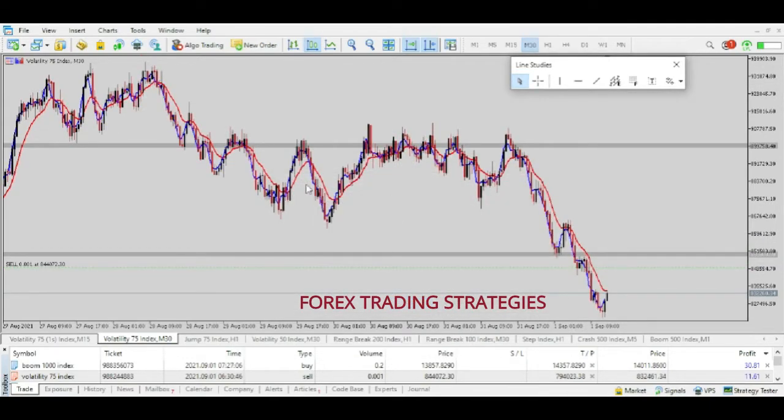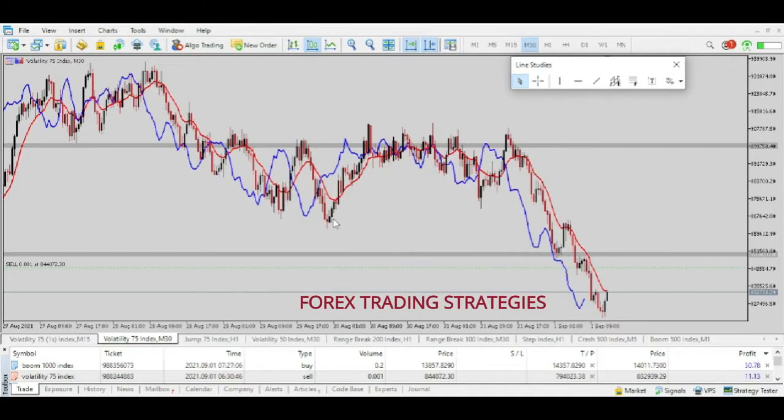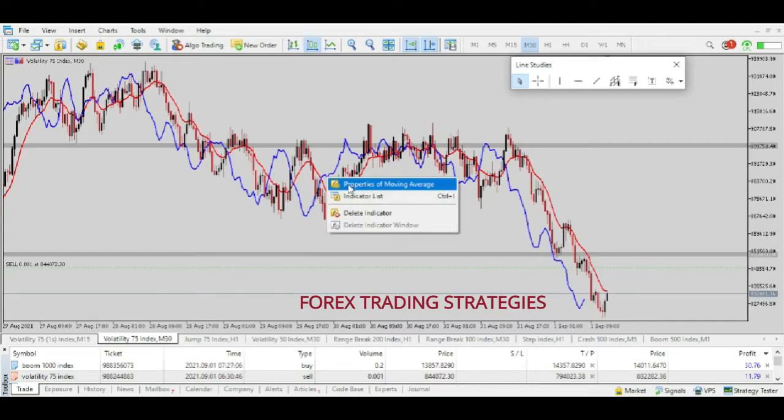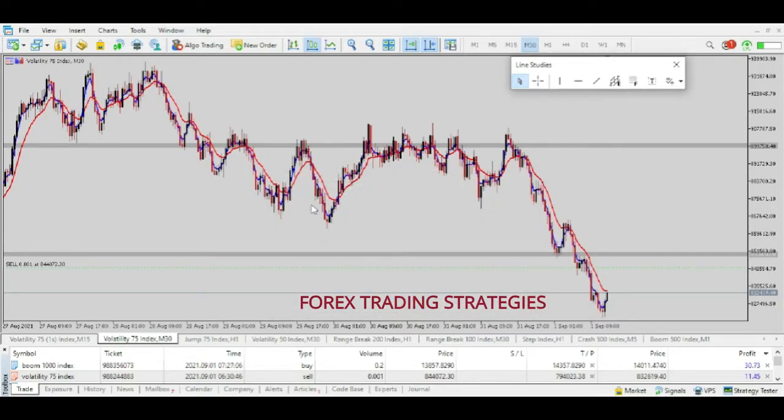It moved a little bit to the left, or maybe you didn't see that. Let's say shift minus 10. See what happens. So the shift basically just moves the indicator sideways. So we just want to keep it at 0 for now. There are instances where it might be crucial to put in the shift, but we just want to keep it at 0 now.